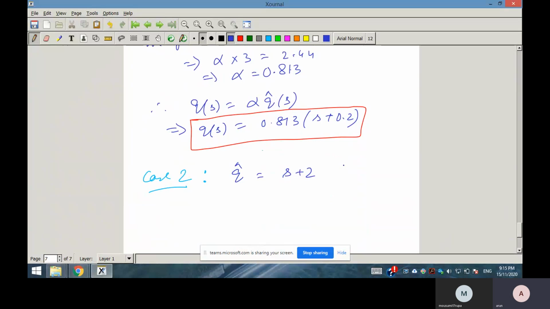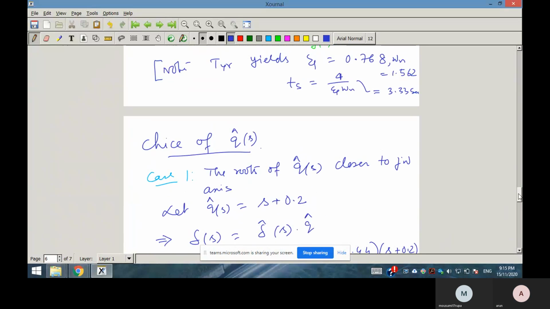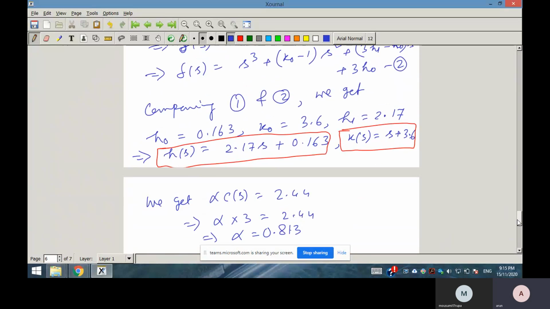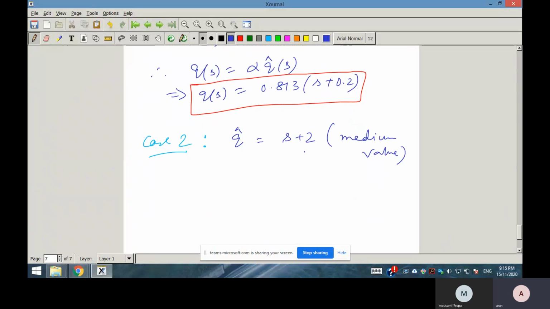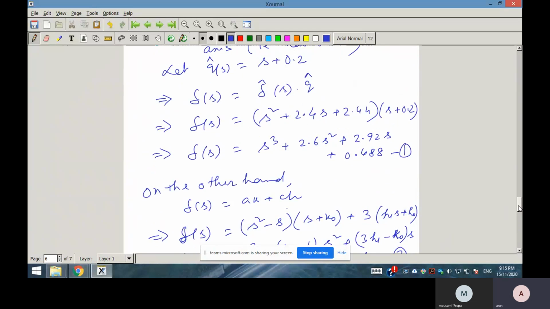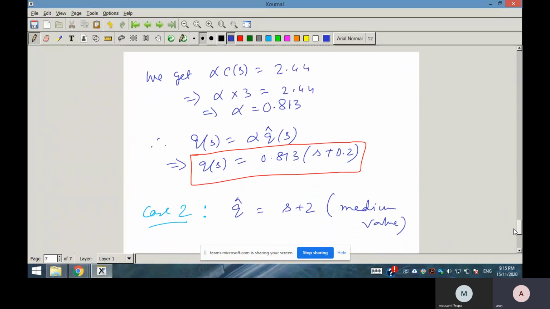Close to the imaginary axis I have marked as low value, S plus 2 I am considering medium, and 0.2 I am considering low.